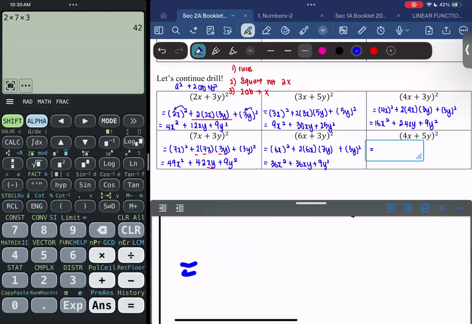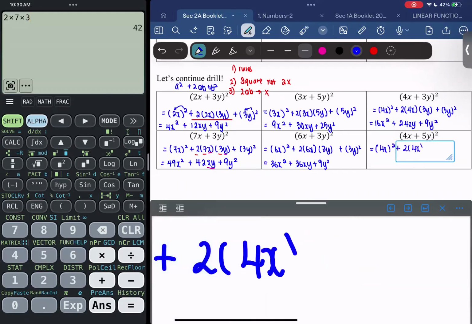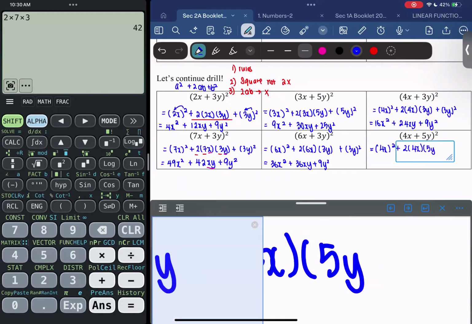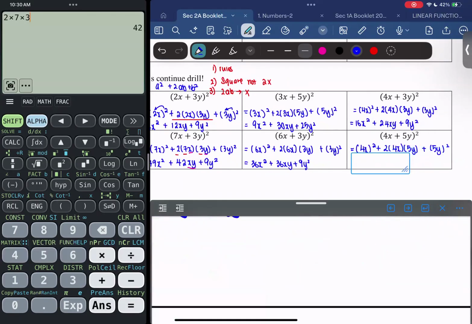Yeah, very good. The last one, I think you didn't type it. So yeah, 4x squared plus 2 times 4x times 5y plus 5y squared. Okay?